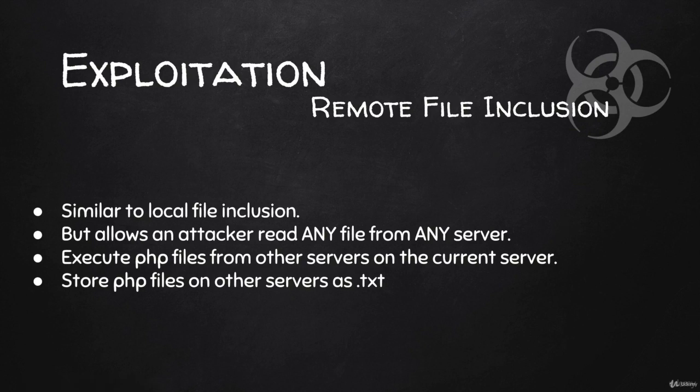Remote file inclusion is a special case of file inclusion vulnerabilities. We've seen in the previous video how we were able to include any file in the server and have access to it through local file inclusion vulnerabilities. In today's video, if the server is configured to allow a certain function called allow_url_include and allow_url_fopen, then we will be able to include any file from any computer into the target website.